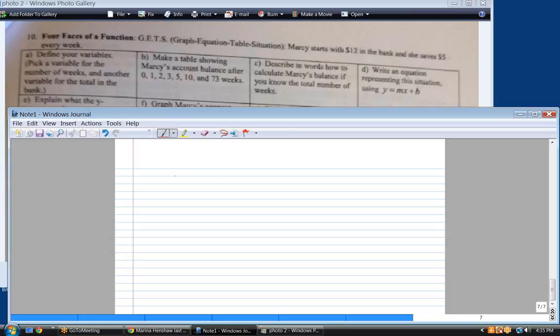X. So X is the number of weeks. And how about the total in the bank? Y. You can pick anything you want. There's no right or wrong on this.